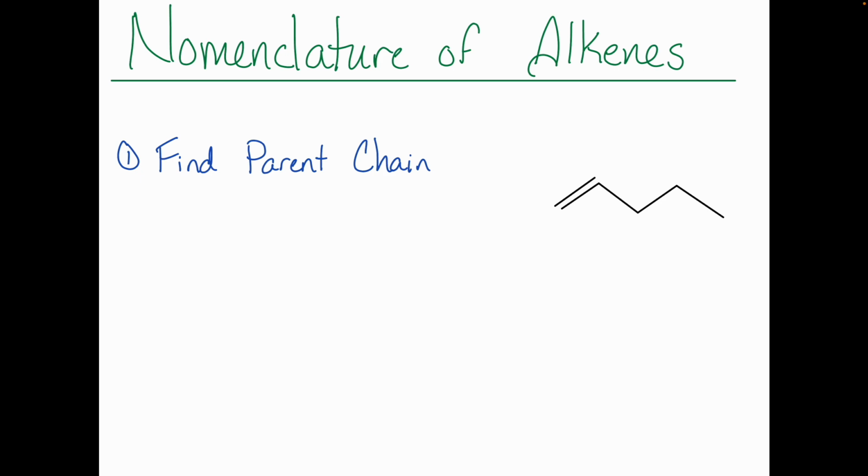We talked about alkyl halides, but we just use those chloro or fluoro or bromo substituent names. This double bond here is considered a functional group as far as nomenclature goes. So when you find your parent chain, you have to look for the longest continuous set of carbons, with the added caveat that it must contain that carbon-carbon double bond.